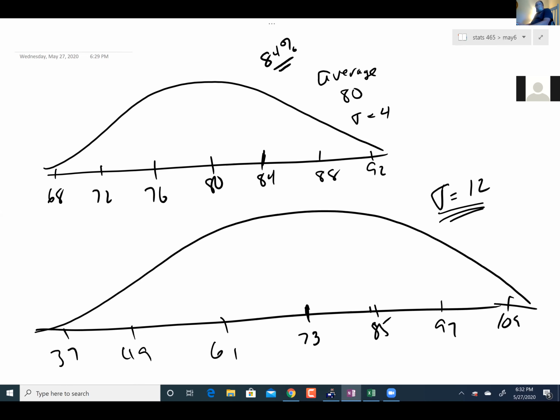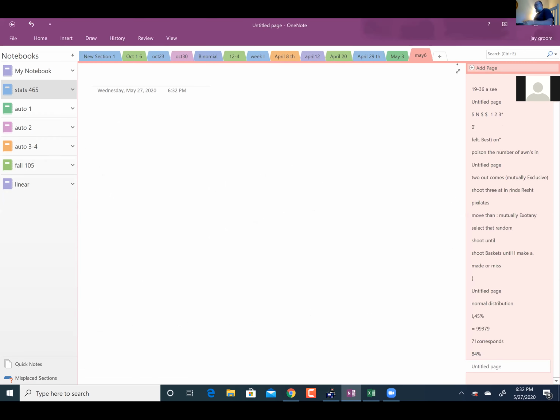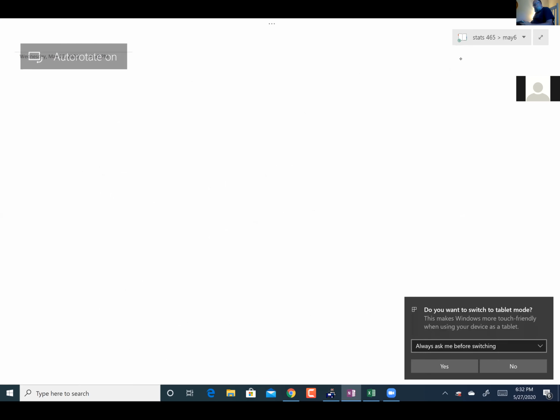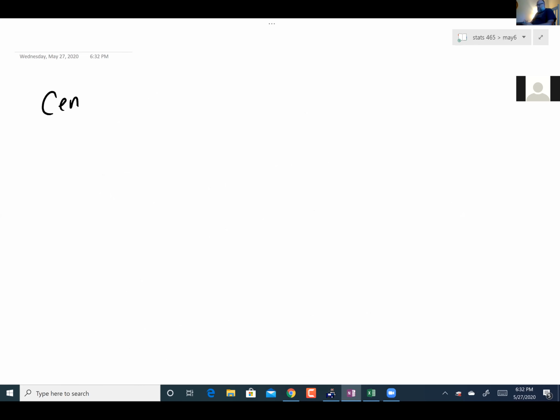Now, what I want to talk about now, to lead off from this once we understand that concept, is what's called the central limit theorem, which is arguably the most important theorem in statistics, certainly at this level, but I would argue at most levels.